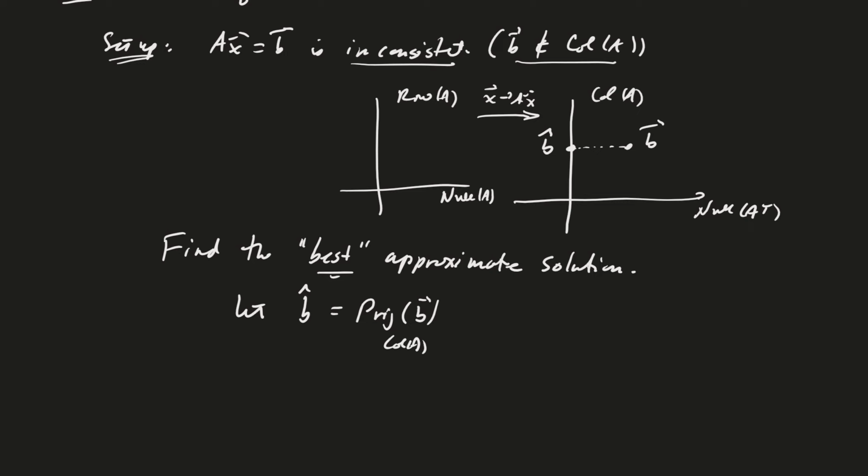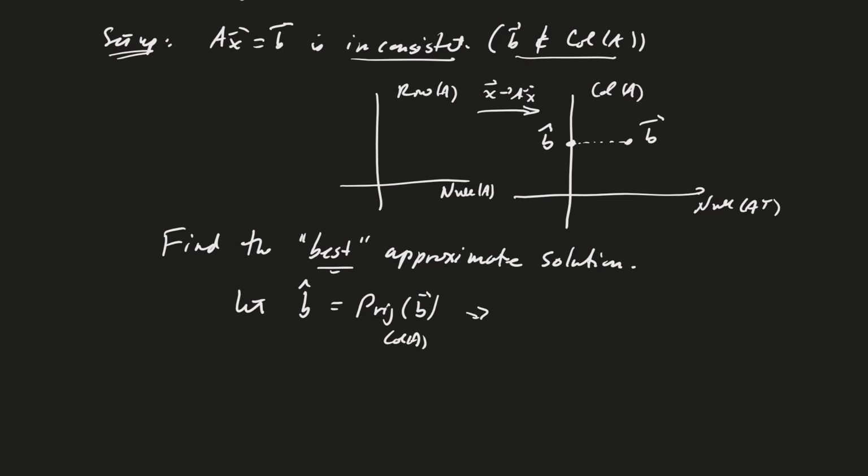And again, now because b hat is in the column space of A, we know that there is a solution to Ax equals b hat, and let's call that x hat.